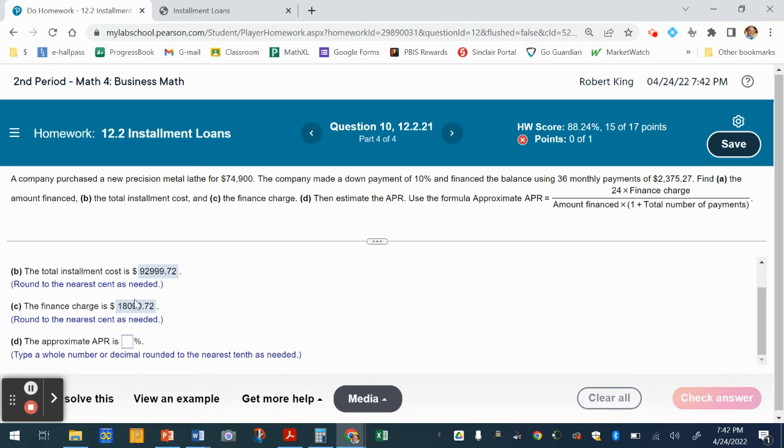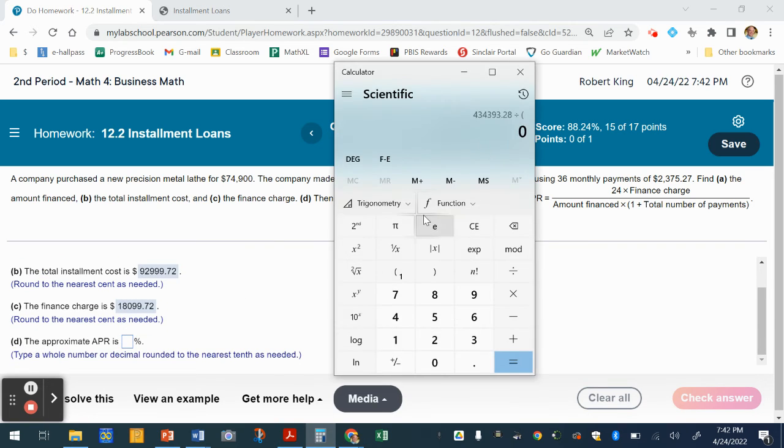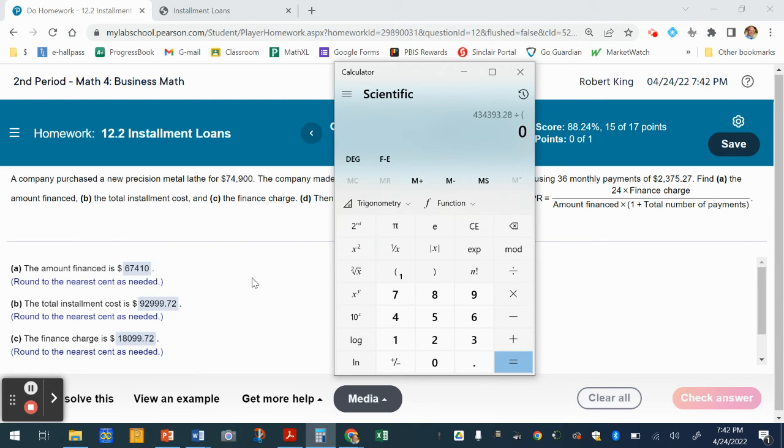So the amount financed was 18,000. I'm sorry, that's the finance charge. Amount financed was the 74,900 minus the 7,490 that we wrote down, which is answer A. So we're dividing this by that amount financed, $67,410, times, we made 36 payments, so we got to add 1 to that, so it's going to be times 37.